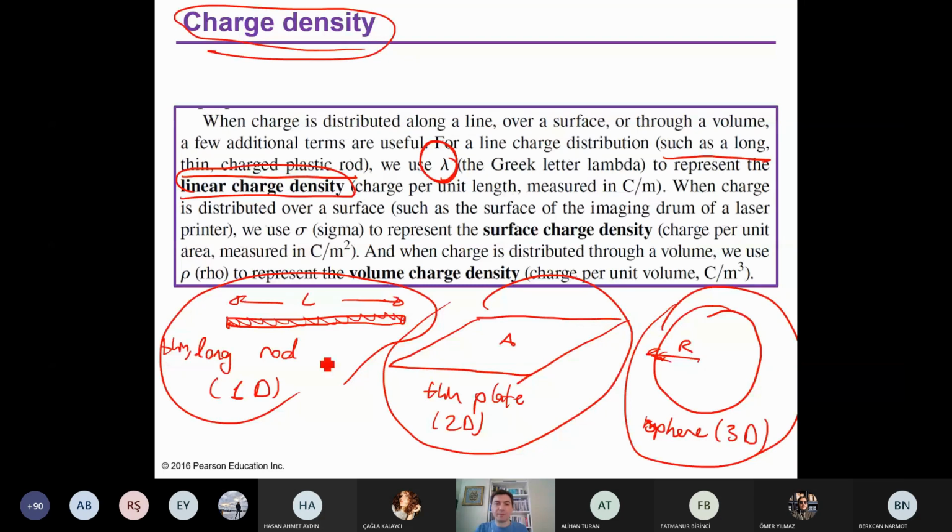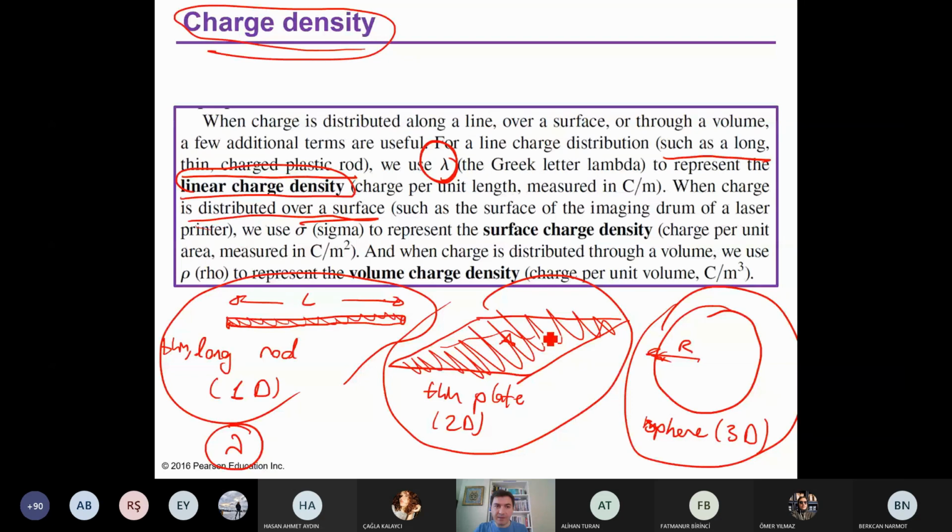This one. If you have a thin plastic sheet, or if you have a thin metal sheet, but it is charged, then the charge is distributed over a surface. Let's consider that the charge is distributed uniformly on the surface. Then it has surface charge density, and it is shown by the sigma symbol, okay?